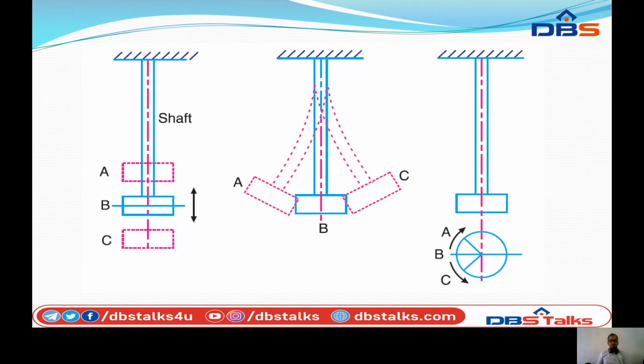The axis may not change position. In this case, the shaft is elongated and shortened alternately, and thus tensile and compressive stresses are introduced alternately in the shaft.